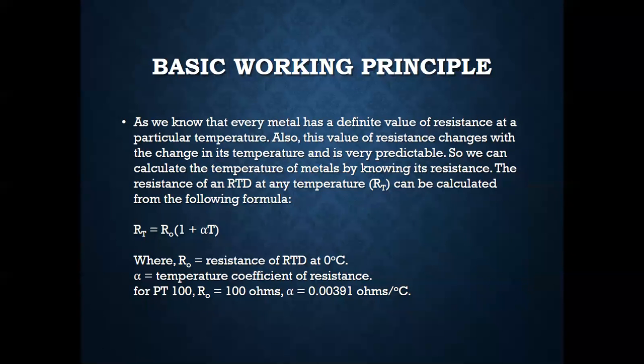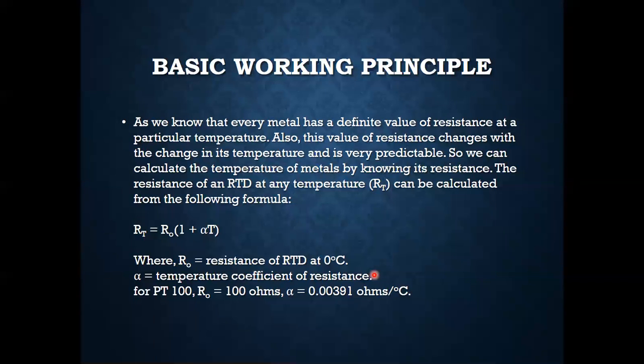So we discussed that the resistance of the conductor increases when the temperature increases. Based on that, this is the relation between resistance and temperature. RT is equal to R0 into 1 plus alpha T, where T is the temperature, R0 is the resistance of the RTD at 0 degree centigrade. Alpha is the temperature coefficient of resistance. Alpha varies from metal to metal.